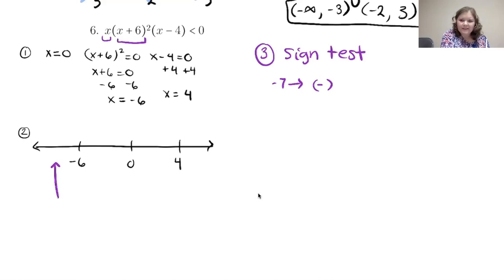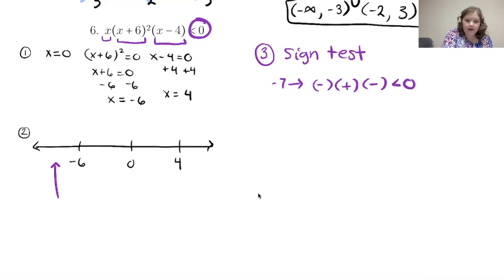So this time, since it's squared, anything squared is positive because positive times positive is positive and negative times negative is positive. So it's like this term here, kind of no matter what you put in, it's going to be a positive number. So in there, we're going to put positive. The last interval, negative 7 minus 4 is a negative. And then we'll say, is that less than 0?